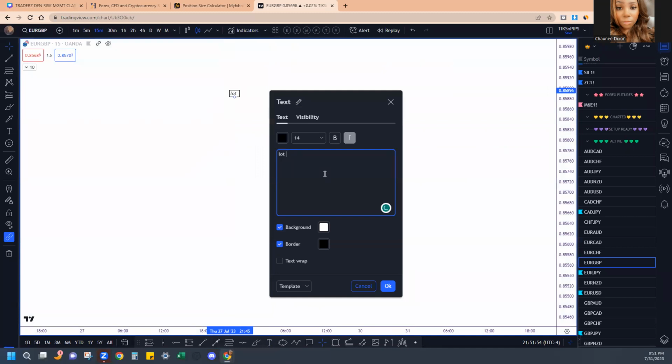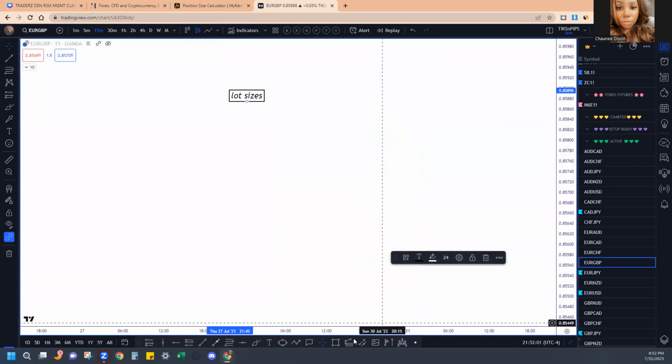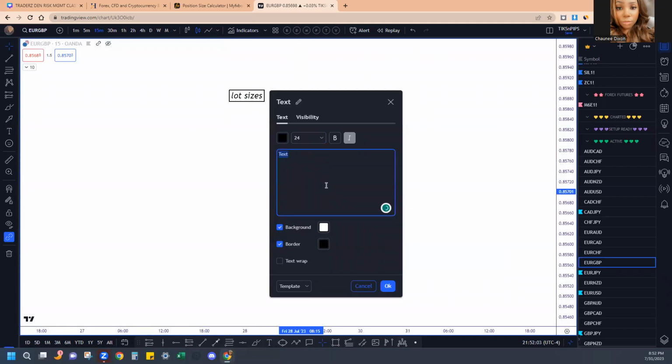Okay, so we're going over lot sizes. There's not really much to it. The standard ones you'll have is 0.10, which is equivalent to $1 per pip. Next we'll go up to 1.25, that's $2.50.